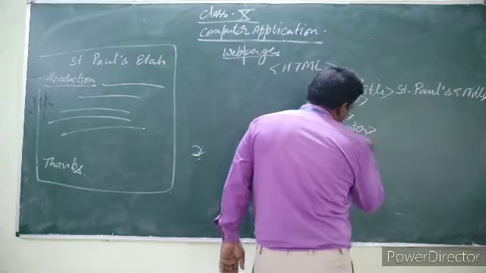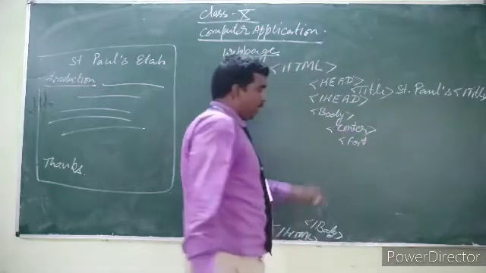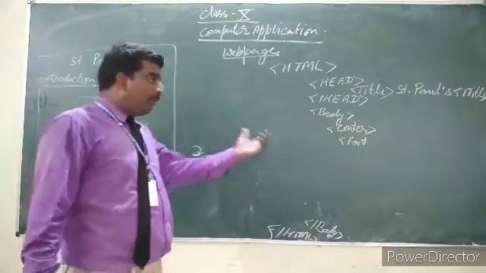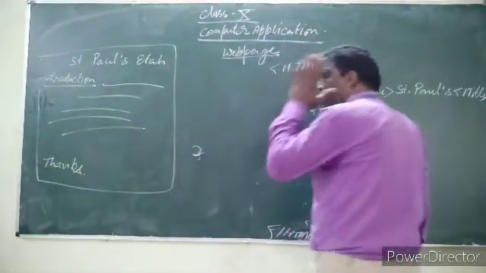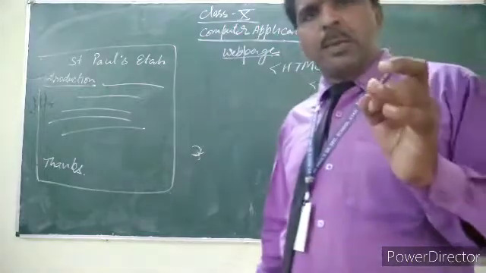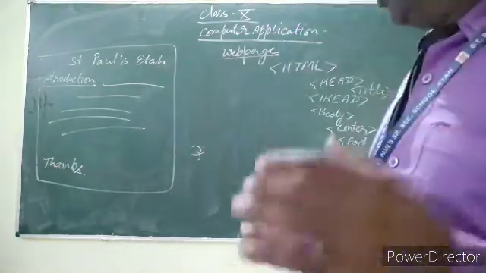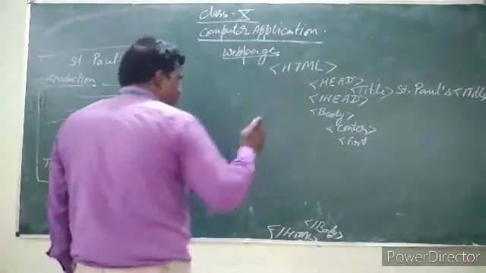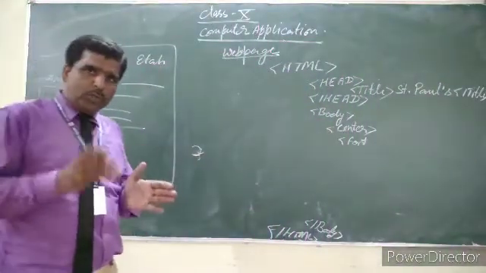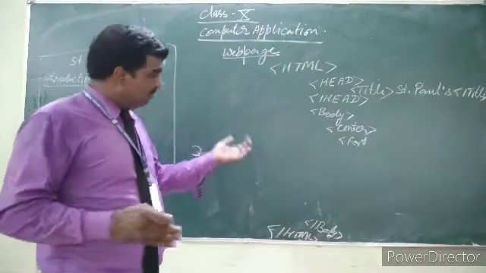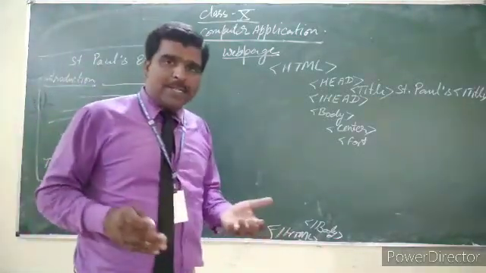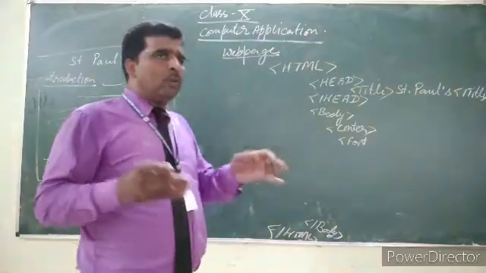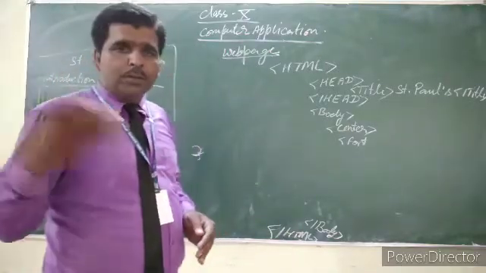So any font we can give. As you know, font is nothing special. Font is the tag through which it can be given which font you want to take, what size you want to take, and which style you want to take.